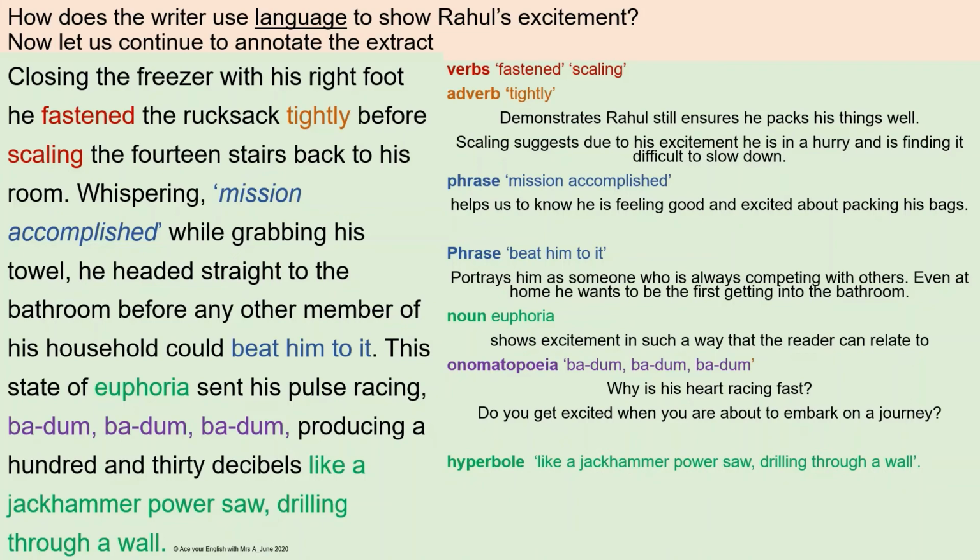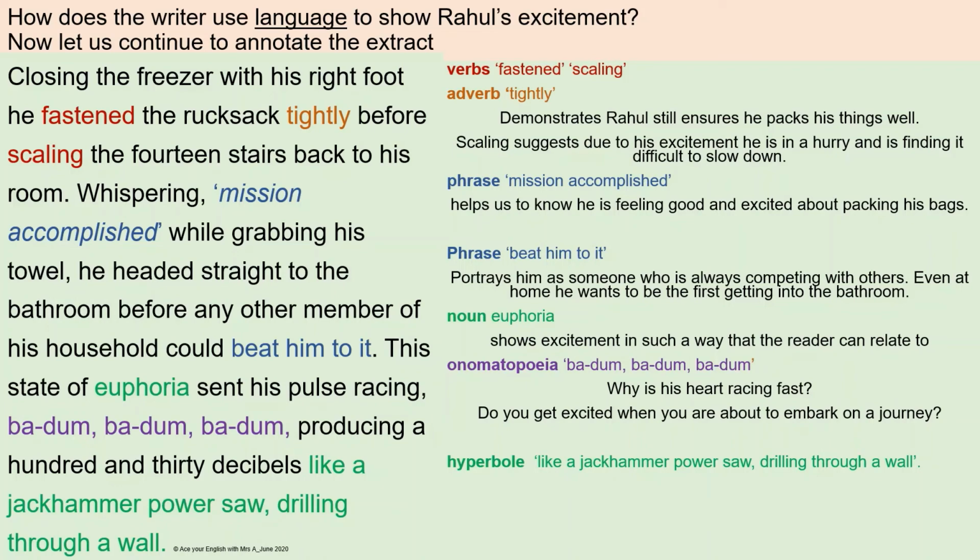Now, obviously, there are so many things there, but I'm looking at the hyperbole here, which is exaggeration, when it says like a jackhammer power saw. So a power saw, which is drilling through a wall. Can you imagine the sounds that it would create? Now, the writer is saying that that's how loud Rahul's heart is beating. That's an exaggeration, yes? Yes, it is.